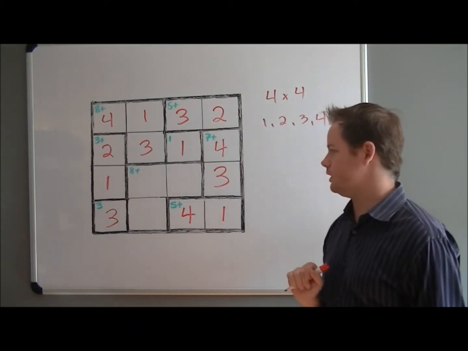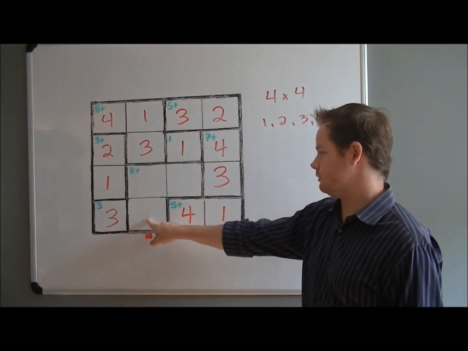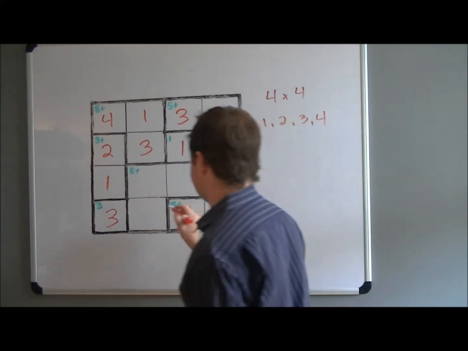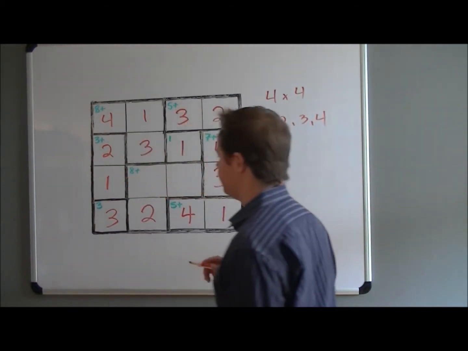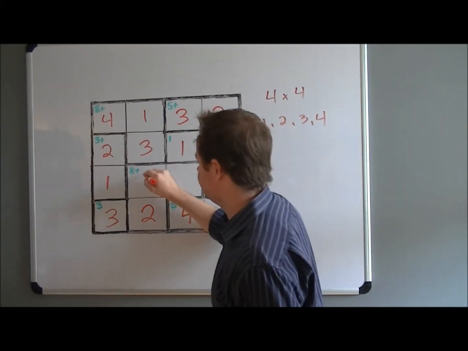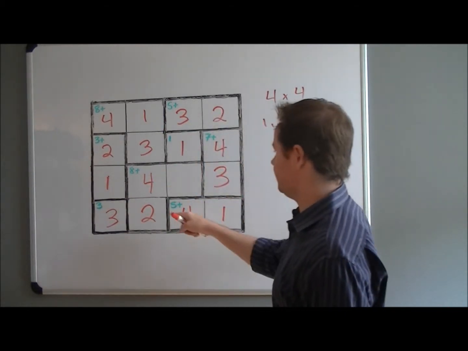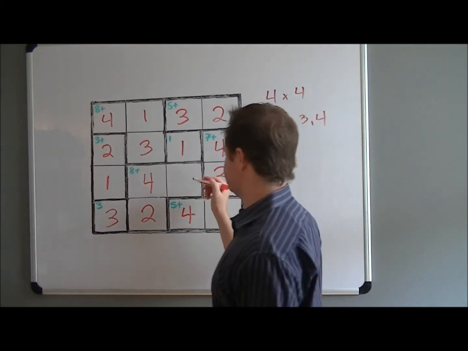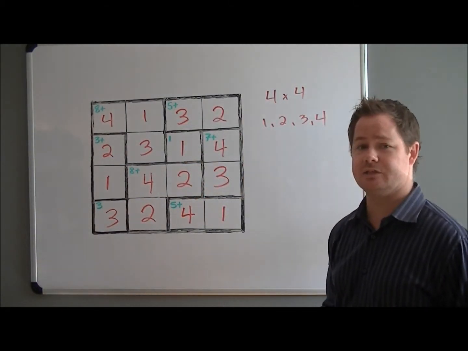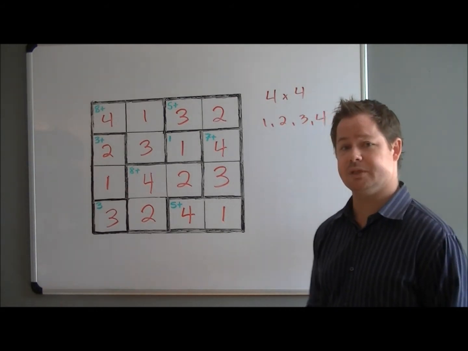A 4 goes in there. And now here, the only number missing from this row, if you got 2, you're correct. So we have a 2 there. The only number missing from this column is a 4. And the only number missing from this row is a 2. And once we add in that last number, our puzzle is now complete.